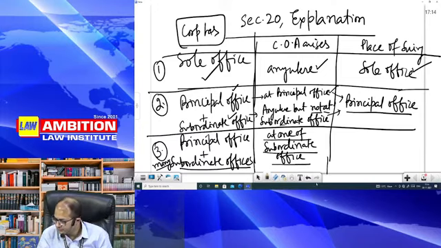Because once issues are settled, then the trial begins. So you are wasting the time. So you should do it as soon as possible. And there has been consequent failure of justice. Is this all right?